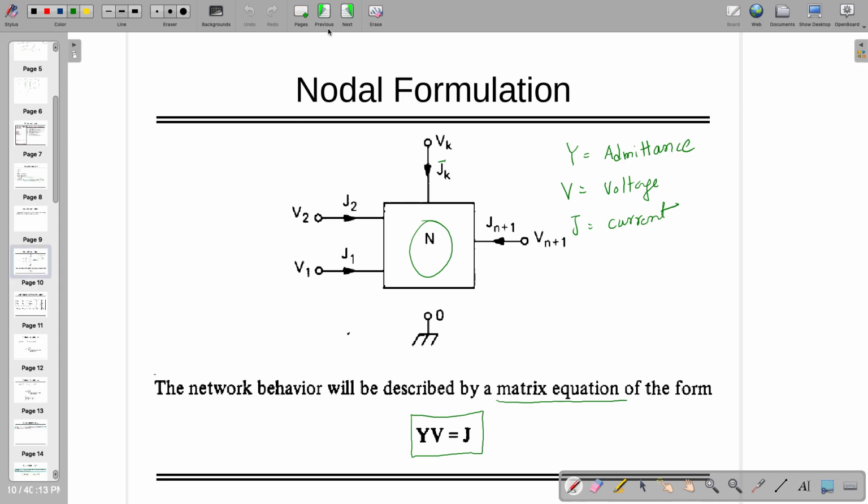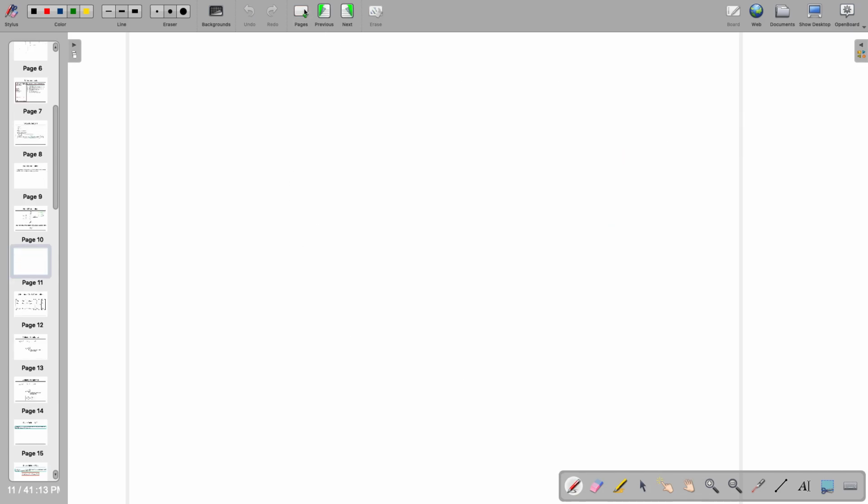One more thing I want to tell you: all the advanced techniques are very useful for solving any circuit. Let's assume that you have seen such a kind of circuit, right? This can be modeled like this.